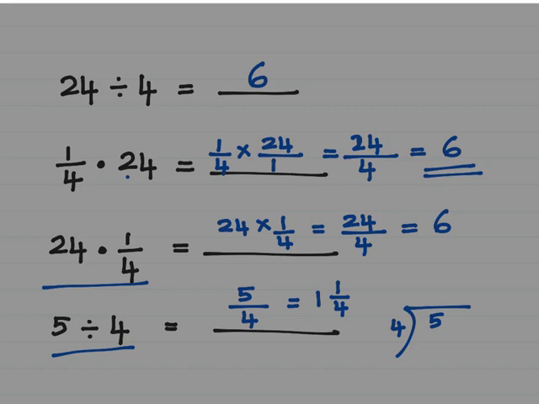Okay, I'll divide and show it on the side. So 5 divided by 4. How many 4 goes in 5? 1. 4 goes in 5. And then subtract. 5 minus 4 is 1. And this is how we get 1 over 4, or 1 and a quarter.